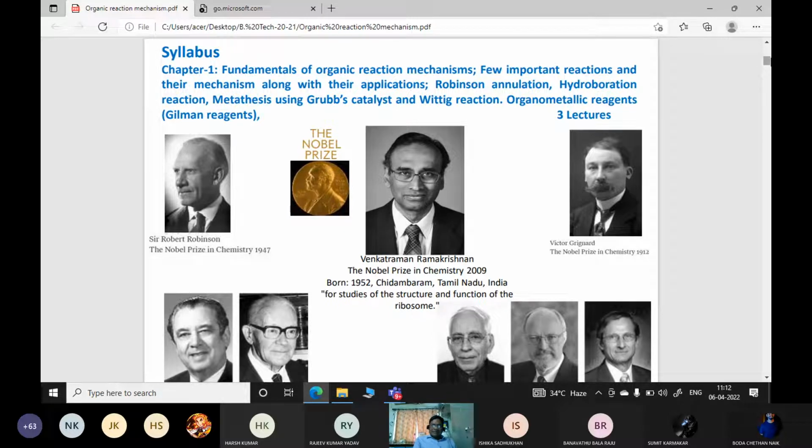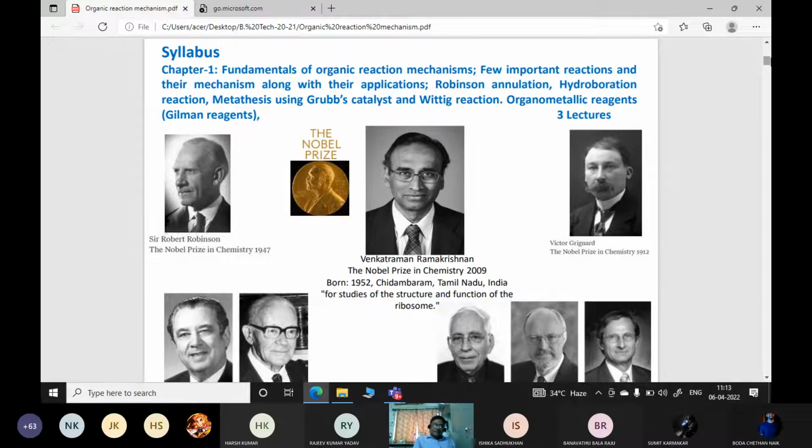Hydroboration reaction is not exactly a name reaction, but I will tell you the details. Grubbs catalyst, the metathesis reaction, is known for the catalyst, and the catalyst is more important. Then the Wittig reaction and also Gilman reagent, discovered by Sir Gilman. One by one I will try to highlight these reactions.